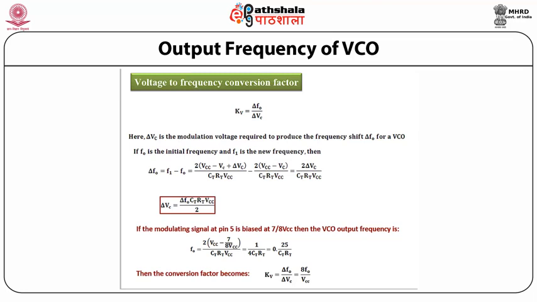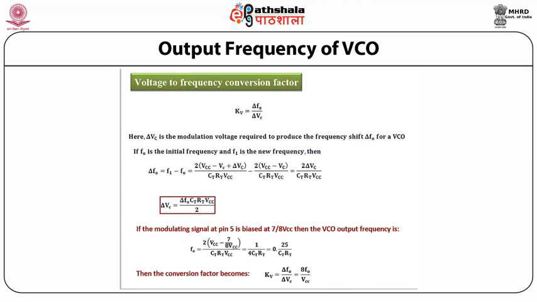So if F0 is the initial frequency and F1 is the new frequency, then delta F0 is F1 minus F0, which is equal to 2 multiplied by bracket VCC minus VC plus delta VC bracket close by CT RT VCC minus 2 bracket VCC minus VC bracket close divided by CT RT VCC.